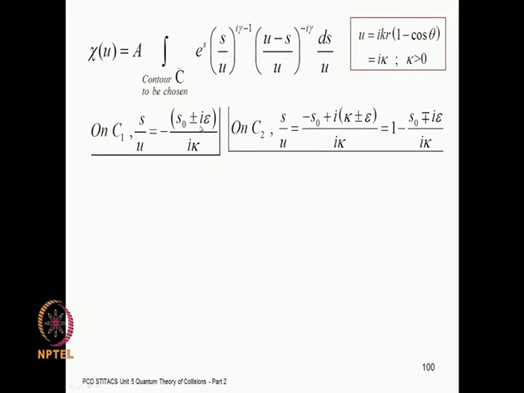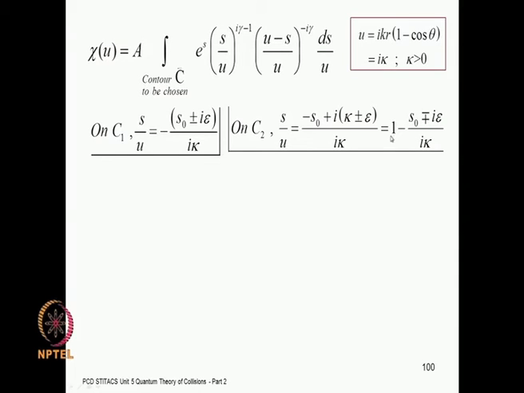So there is a little difference between the two, because on C1, as u tends to infinity or as kappa tends to infinity, s over u can be neglected because you have got kappa in the denominator. But on C2 kappa is in the denominator in the second term, but here you have got 1.